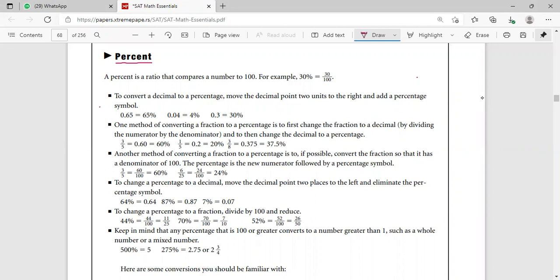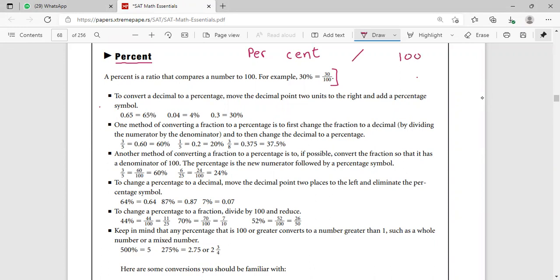A percent is a ratio that compares a number to 100. For example, 30% is 30 by 100. Okay, this is what the definition says. Let's talk about what it basically is. This is per cent. Per is basically division and cent is 100.